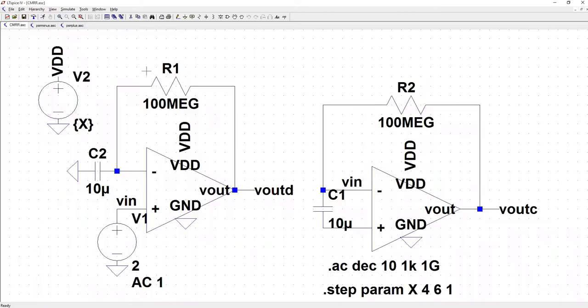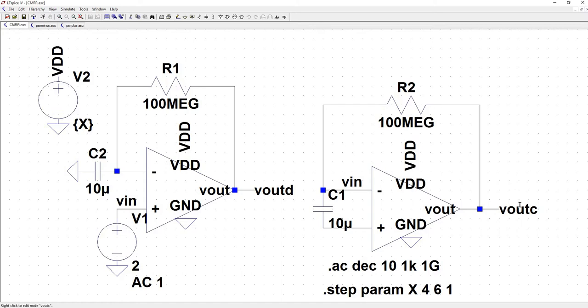So now we're going to get into common mode rejection ratio. This is going to look a little funky at first. All that I'm doing here is it's the exact same circuit. It's the same op-amp part put down twice, configured in a different way. So it's the same input and output, but with a different configuration in each.